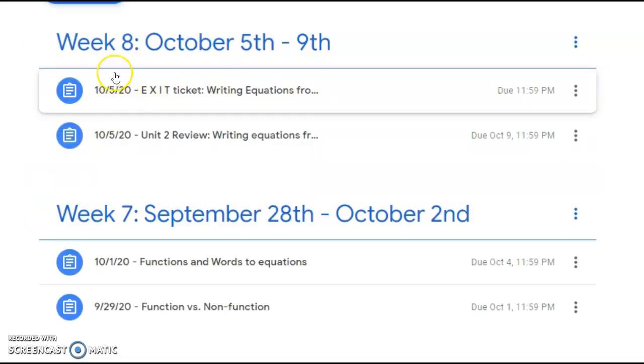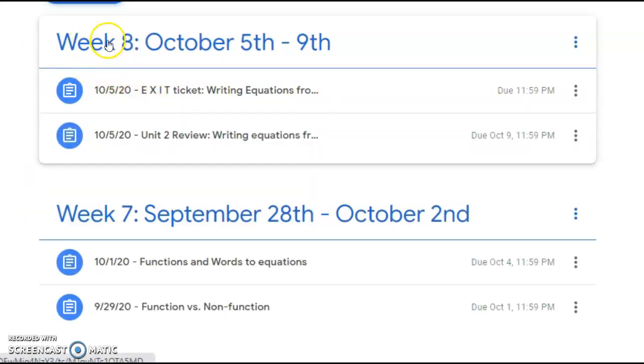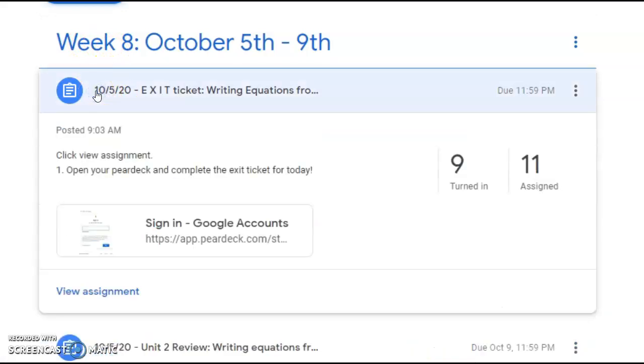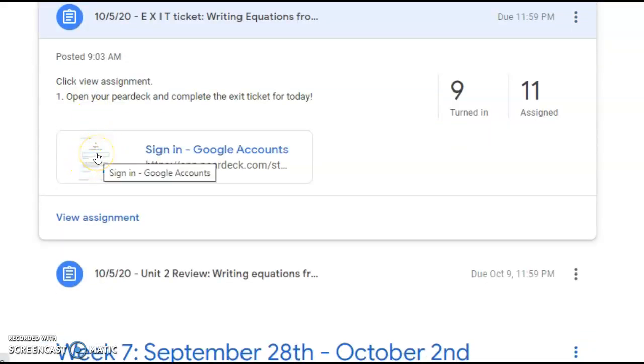Your exit ticket is posted under week 8. If you click on that, it takes you to a Pear Deck to be joined. Once you get into that Pear Deck, it is 1 slide. There are 2 questions for you to answer.